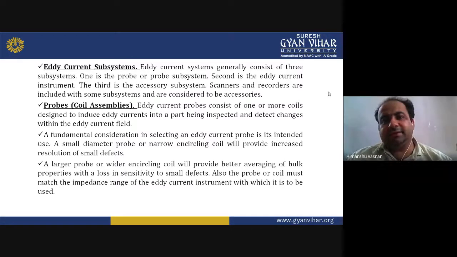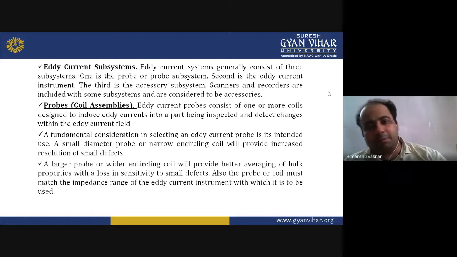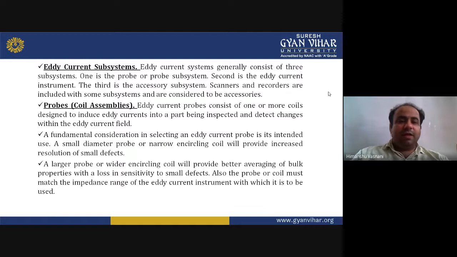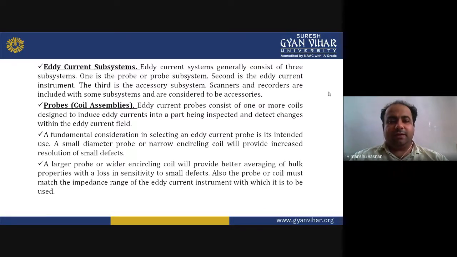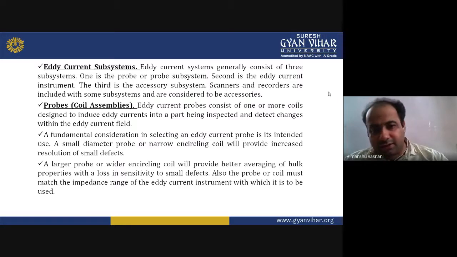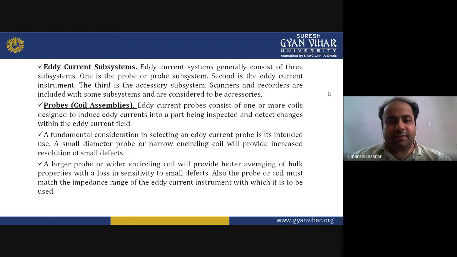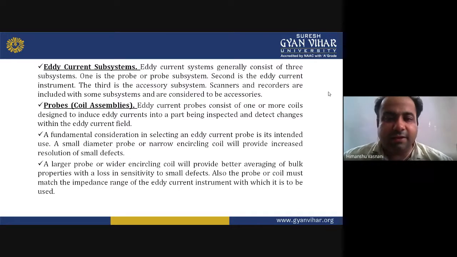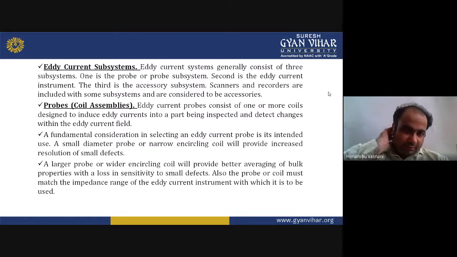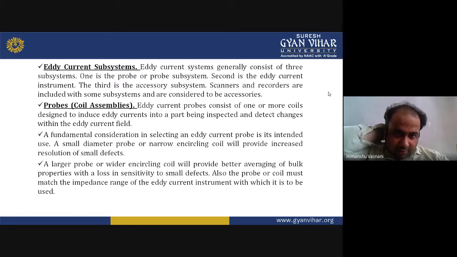Now, eddy current systems generally consist of three subsystems. One is the probe system, second is the eddy current instrument, and third is the accessory system. Scanners and recorders are included with some subsystems and are considered to be accessories.